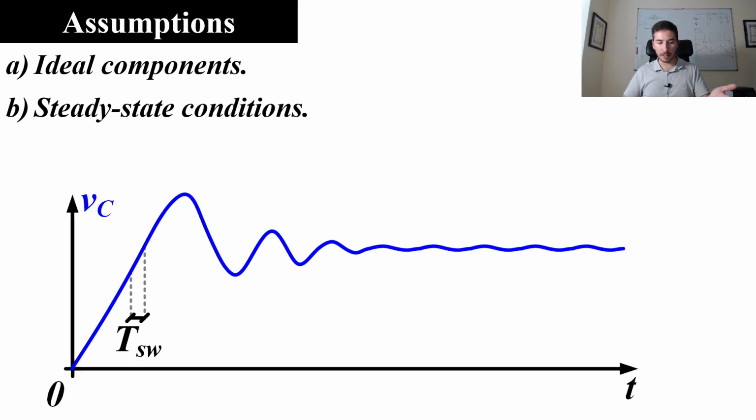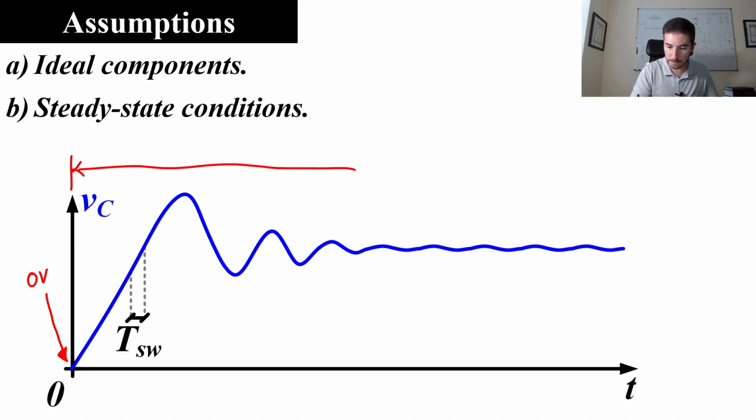As an example, here we can see a possible evolution of the capacitor voltage. Here we have the turn on of the DC to DC converter. We have 0 volts. We have a transition, and after that we have steady state conditions.